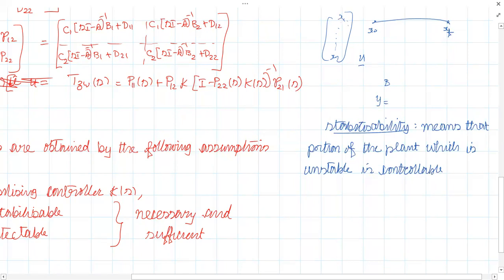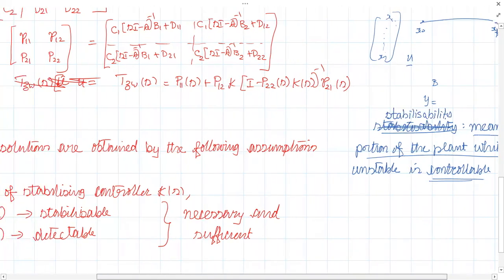Out of the n states, a few states may be unstable. But if you are able to control those states through a finite control u, then you say that the system is stabilizable. So the unstable modes or unstable states of the plant must be controllable. Then you say the system is stabilizable.